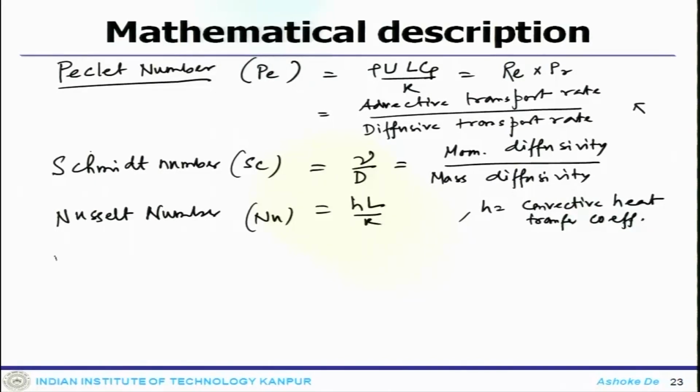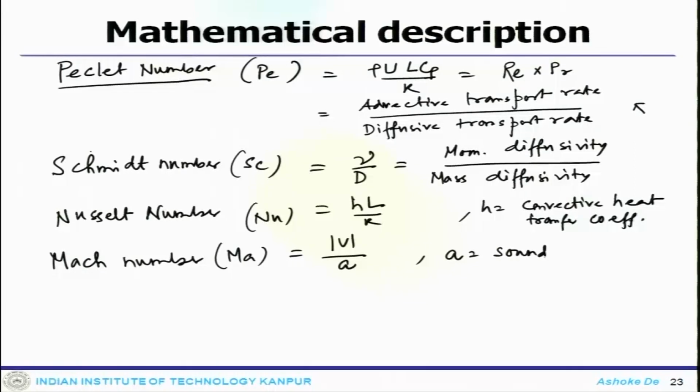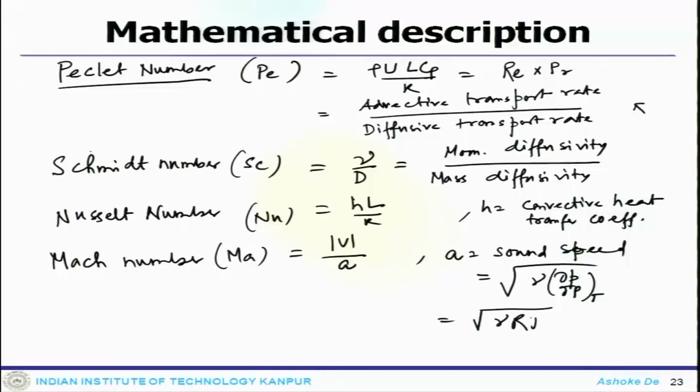Now, one more is the Mach number. This essentially is the ratio of the velocity scale to the sound speed, and A is your sound speed at a given temperature, which you can estimate as the square root of gamma del p by del rho, typically this is gamma r t.